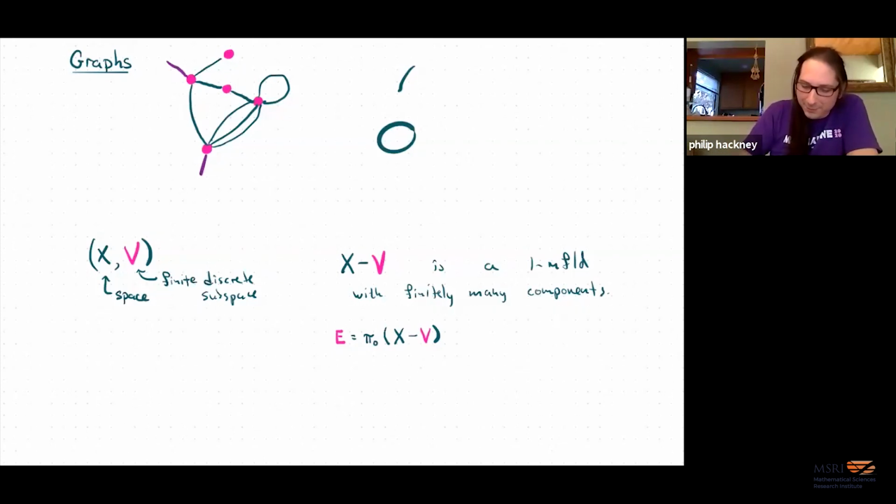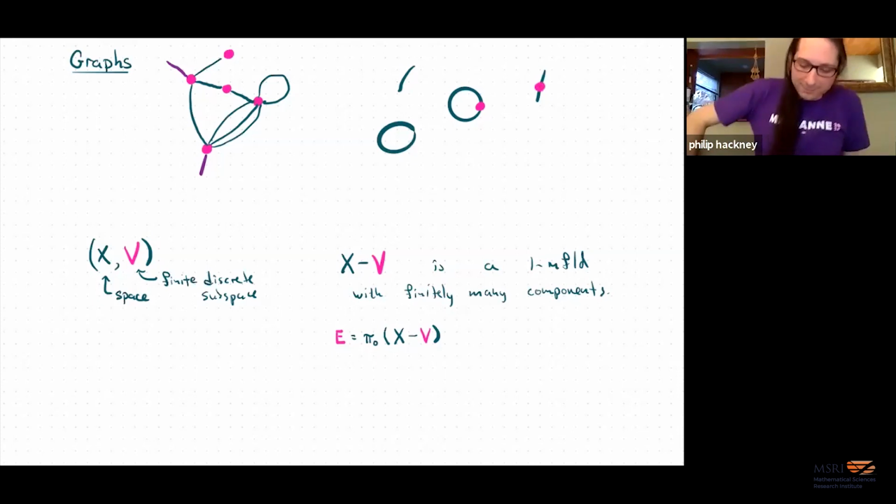And of course, you can have circles with a vertex on them. And I can have edges with a vertex and so on. Okay, so these are all just some examples.